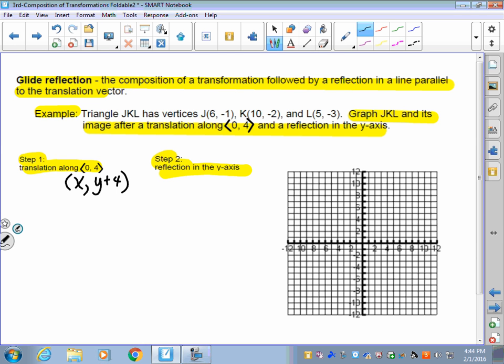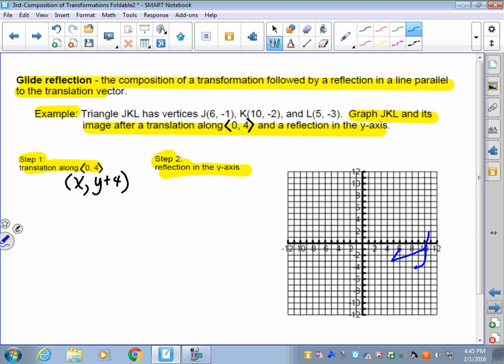So we had a 6, -1, and then 10, -2, and we had 5, -3. And we're going to connect those. I didn't go to -2.